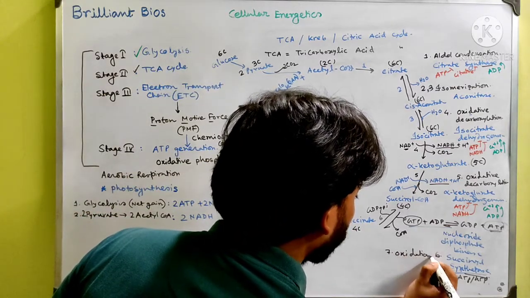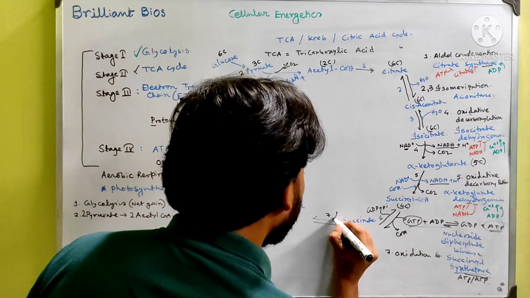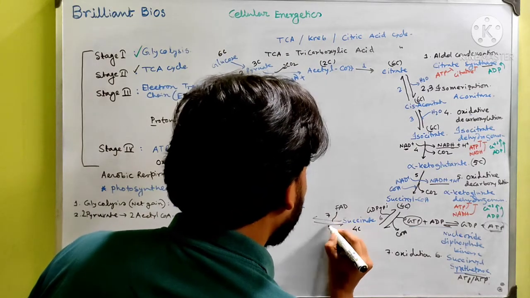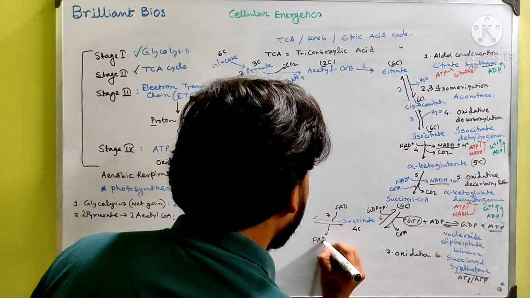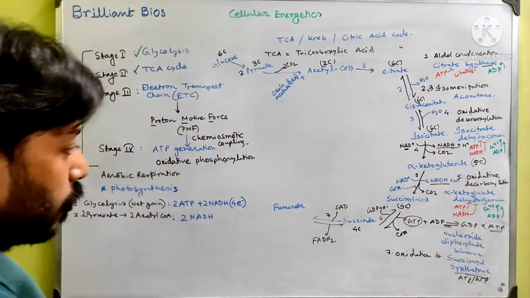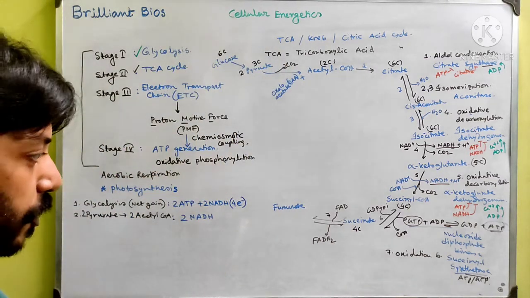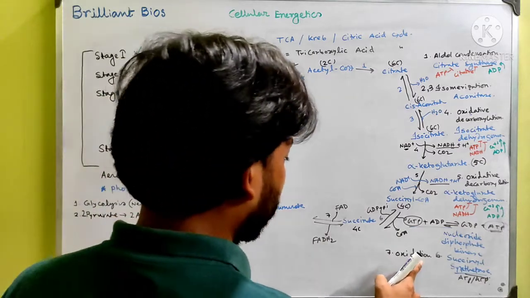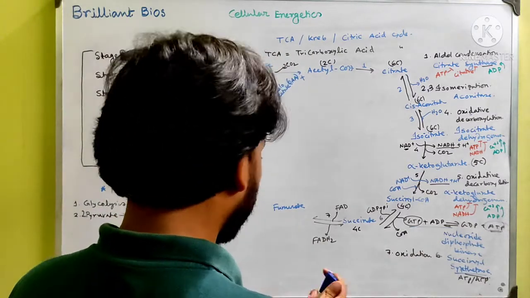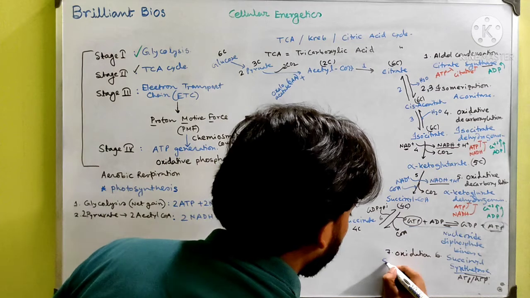Here oxidation occurs, and what happens? FAD is converted into FADH2. You have to remember this. FAD is converted into FADH2. This is the oxidation step, and the name of the enzyme is succinate dehydrogenase.